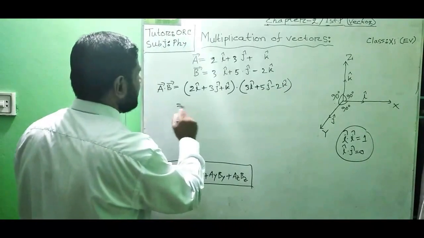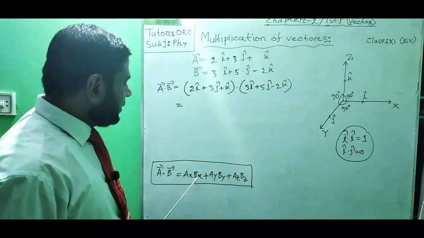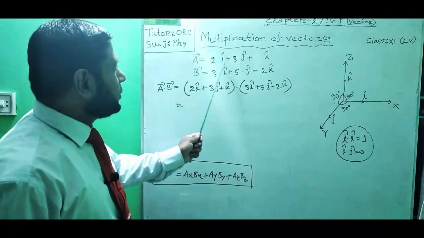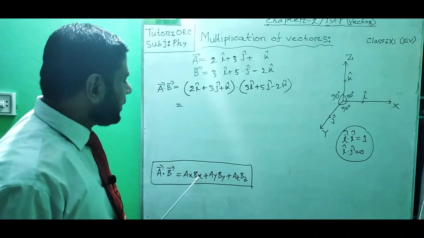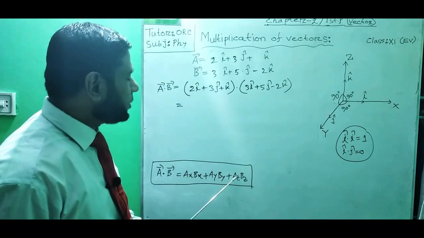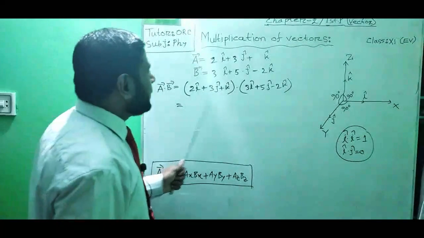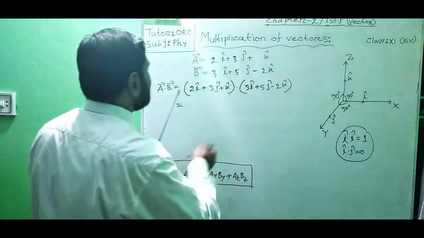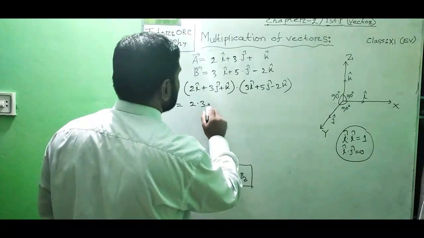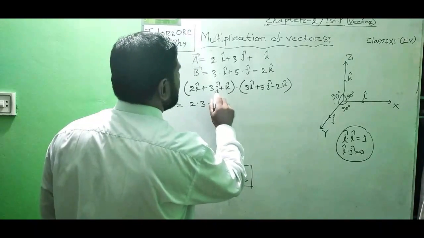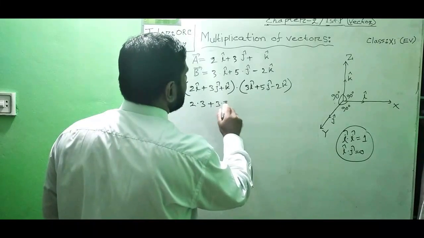Now let us multiply. According to the law, we will only multiply the coefficients of each vector: the coefficients of i cap, j cap, and k cap. So for i cap and i cap, 2 into 3, plus. Then for j cap, 3 into 5, plus.